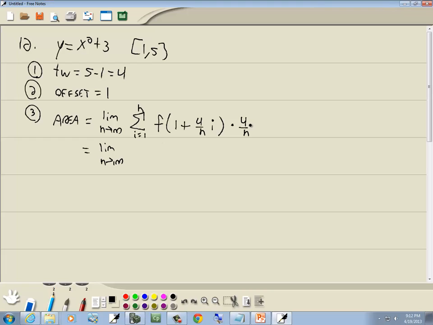Now again, the 4 over n, the only part that changes in your summation is your i. So I can take that and put it out in front. Can't put it clear out in front, but we can put it out in front of the summation. And then we've got i equals 1 to n of this. And it's probably easier to just go ahead and plug that in for x now. So we've got 1 plus 4 over n times i, squared, plus 3, because it was x squared plus 3.